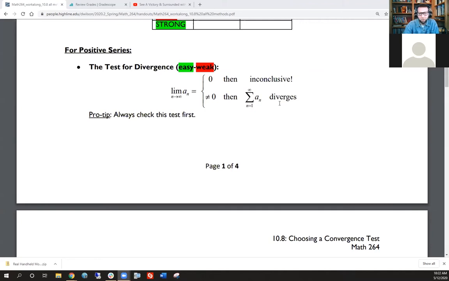How often does this work? Think about the assessment you just took. How often did this test apply? Not often. It applied once on there.